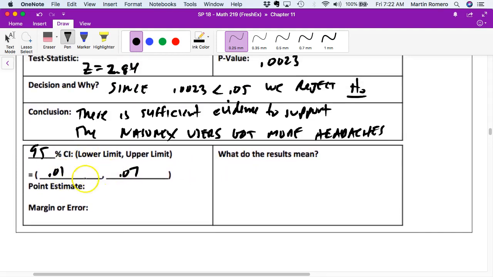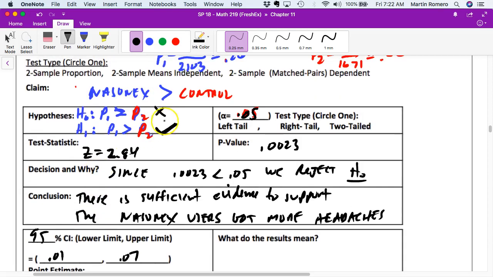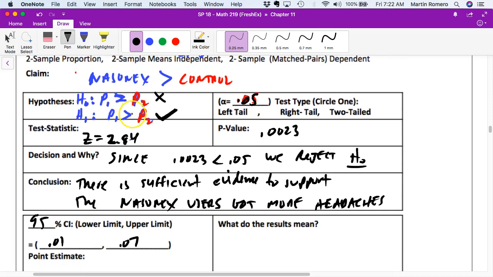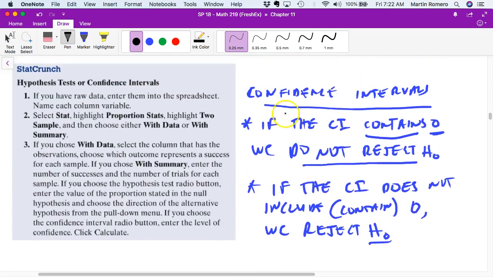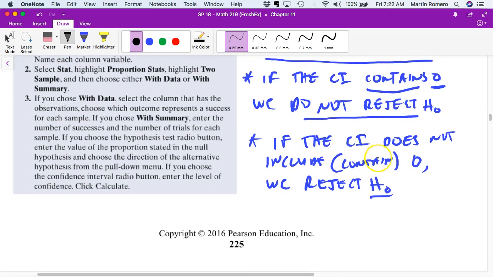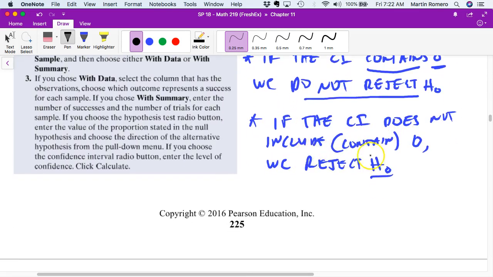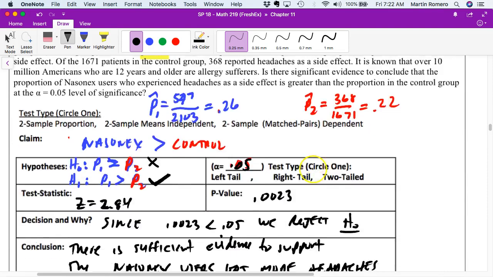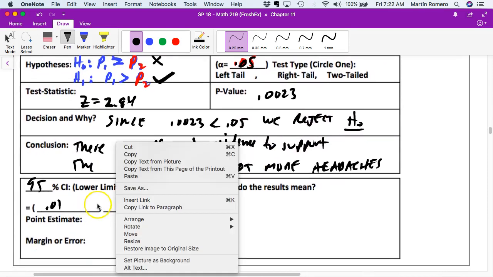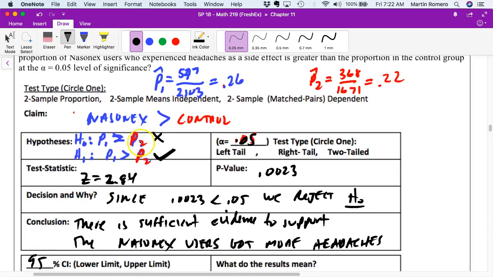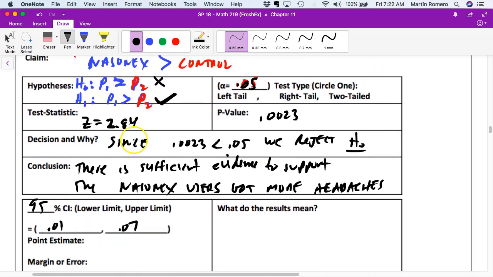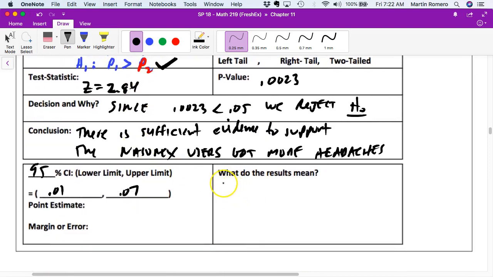And so what does this mean? 0 is not included in this confidence interval, which means we're saying these two are not equal. The difference between them is not 0. If the confidence interval contains 0, do not reject. If the confidence interval does not include or contain 0, we reject. Since 0 is not in this confidence interval, these are not equal to each other. So what do the results mean?